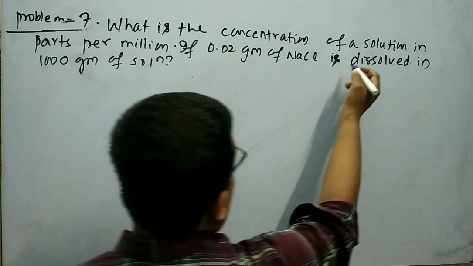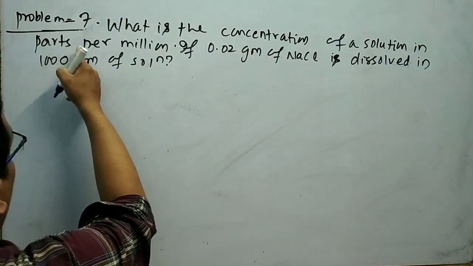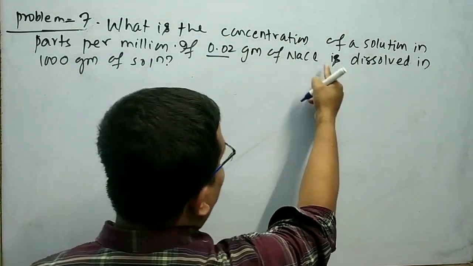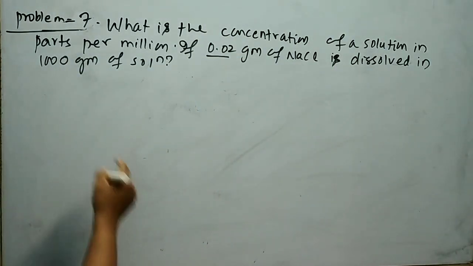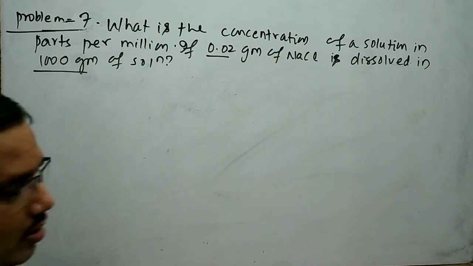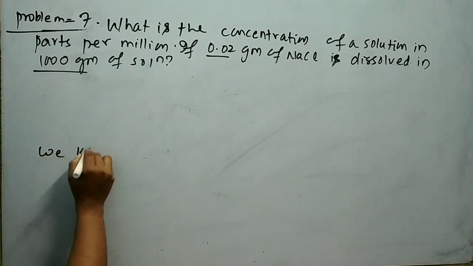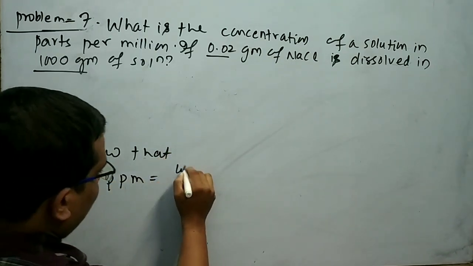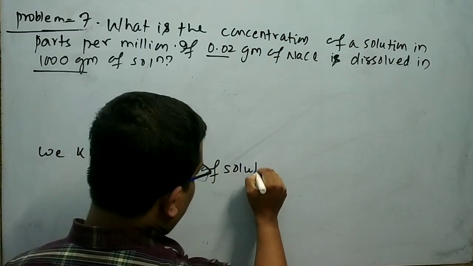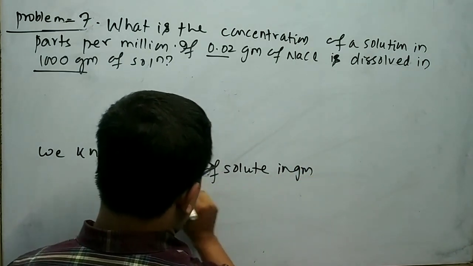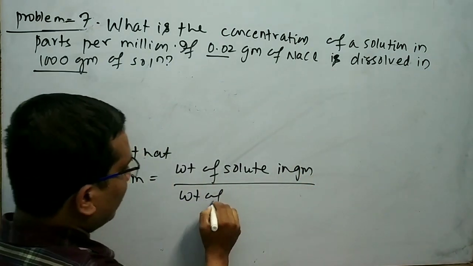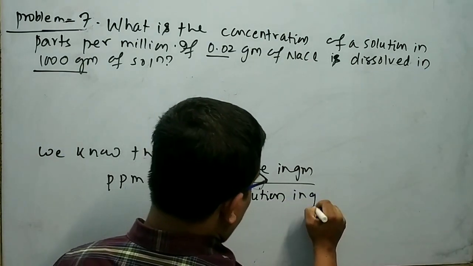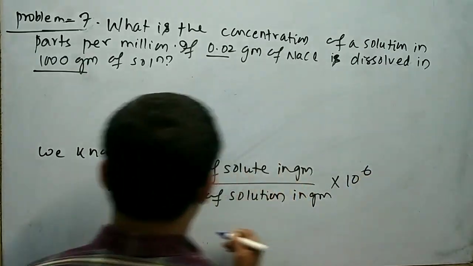What is the concentration of a solution in parts per million if 0.02 gram of NaCl is dissolved in 1000 gram of solution? We know that ppm equal to weight of solute in gram divided by weight of solution in gram into 10 to the power 6.